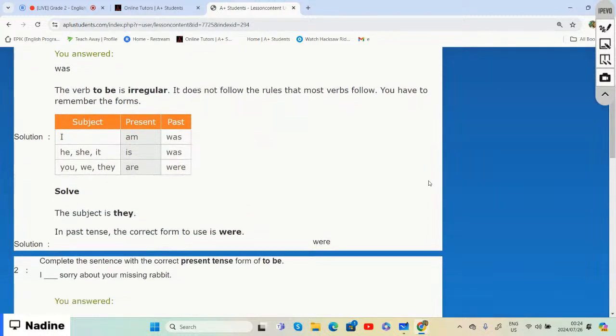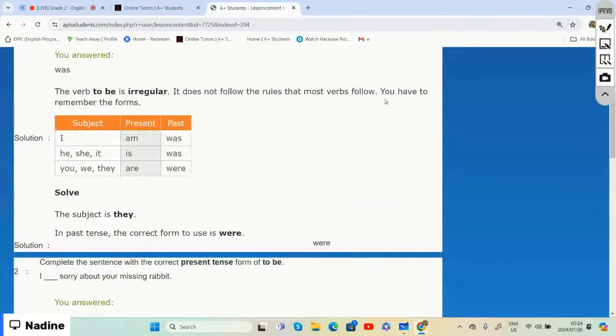All right, so now we are at to be, where we said that to be is irregular.